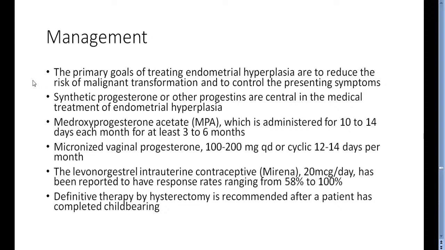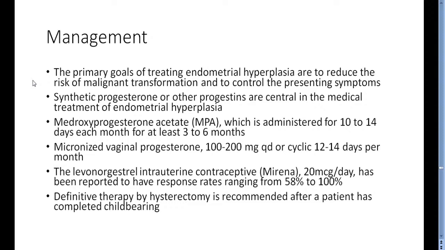We can also introduce a special levonorgestrel intrauterine device into the uterine cavity. The brand name is Mirena, and usually only 20 micrograms of levonorgestrel goes into the endometrial cavity daily, and this Mirena may stay for several years, up to 5 years, and it has demonstrated good response for the treatment of endometrial hyperplasia.